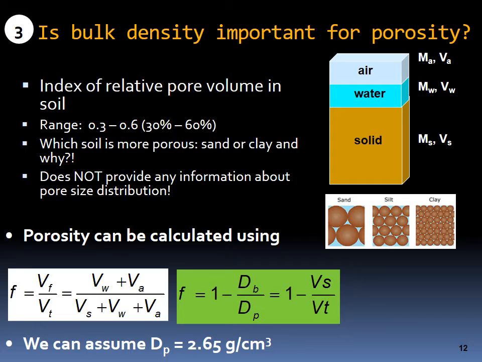To get the idea of that, let's look at the picture here in the middle. Now, if you want to compare the pore space between sand, silt, and clay, what can you observe? We mean by the pore space the space between each particle to another. And you would see from this example that clay would have less pore space because the particles are small.